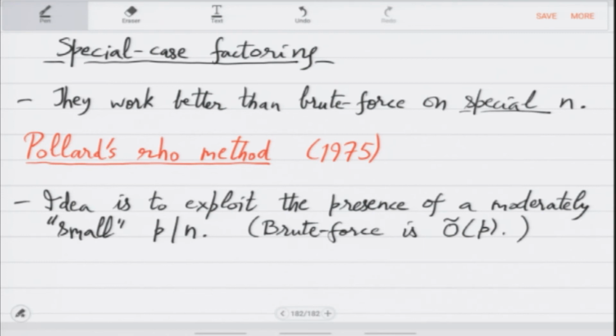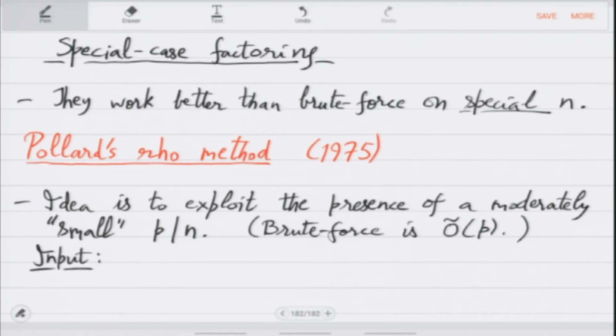How it will do it is it will take a random looking function f and it will start with a point x, and then it will apply f on x again and again. Application of f on x again and again. So let us first write down the algorithm.